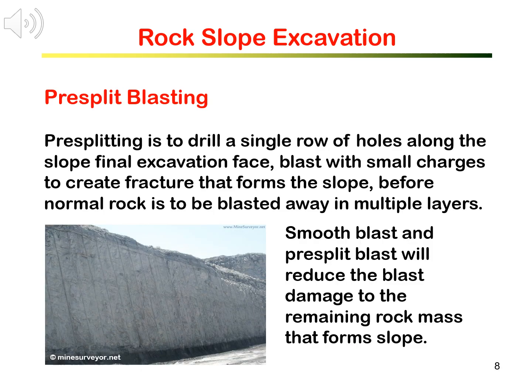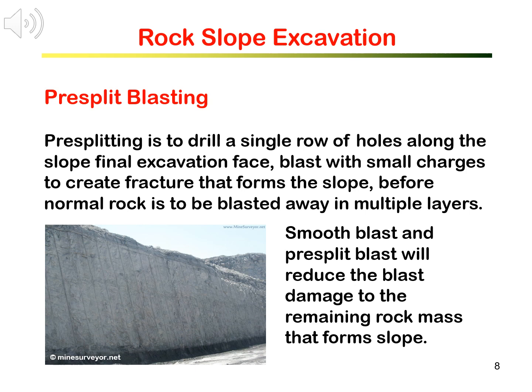Pre-split blasting is used to create the slope face first when there are multiple layers of bench blast. This technique involves drilling a single row of holes along the designed slope face. Blast with small charges to create fractures that define and form the slope.